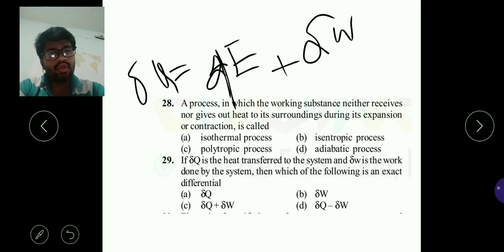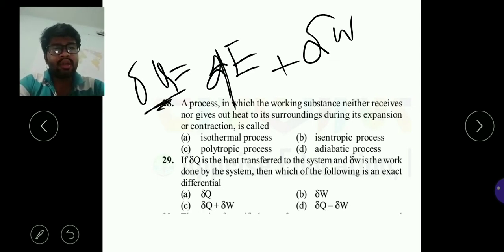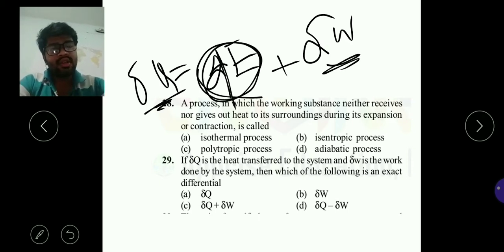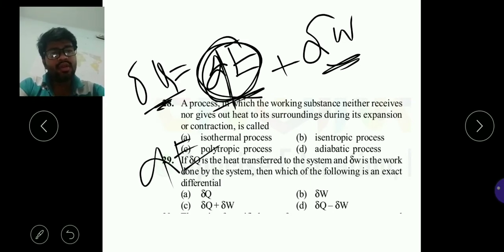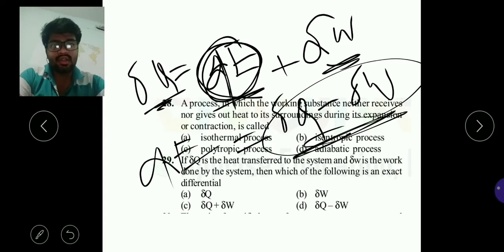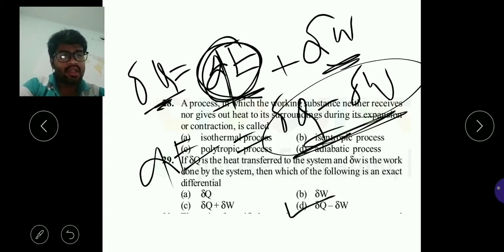In this, del q and del w are inexact functions. dE, the internal energy or total energy, is the only one we can say is an exact differential. So dE will be equal to del q minus del w. This is the exact differential, so here option D is correct.